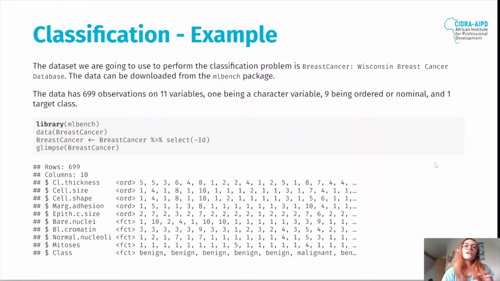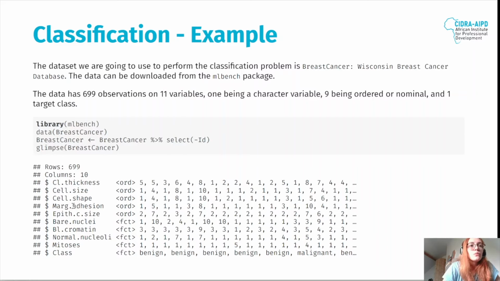It's a package that has some different data sets that you can use for ML problems. So this data is pretty small. It has only 699 observations and 11 variables. One of the variables is a character, and the other 9 are nominal, and we have one target class.